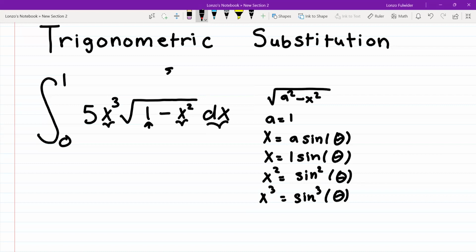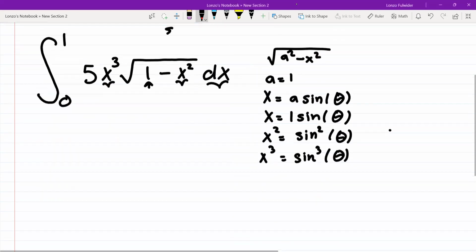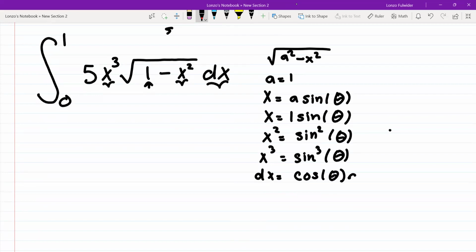And the next thing we need is dx. So let's find dx. dx is the differential of this. What is the derivative of 1 times sine theta? It is cosine theta, right?